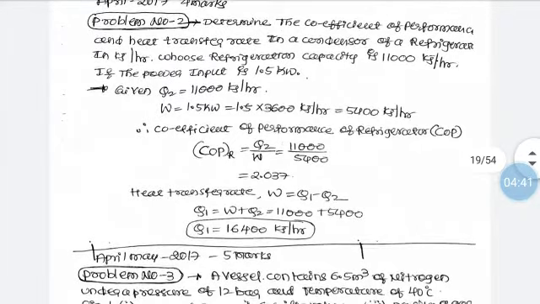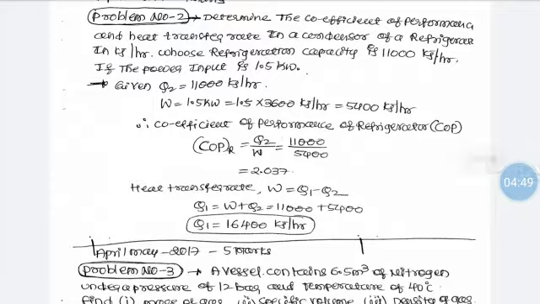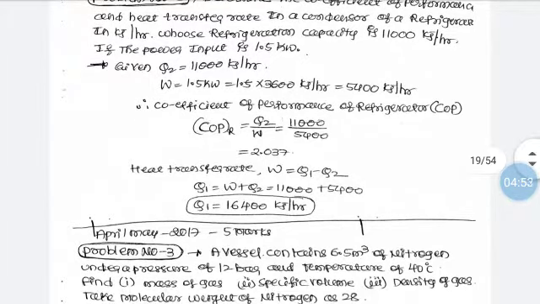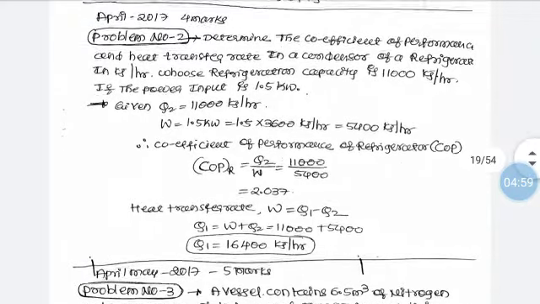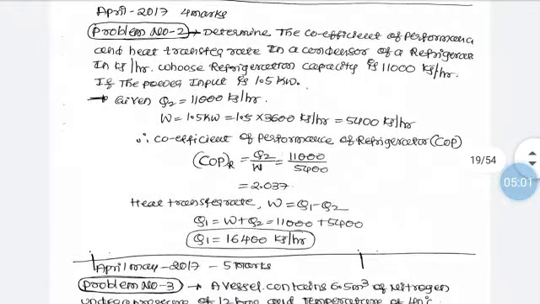A kilowatt is kilojoule per second, so we multiply 1.5 by 3600, since 1 hour is equal to 3600 seconds. It is converted into 5400 kilojoule per hour.